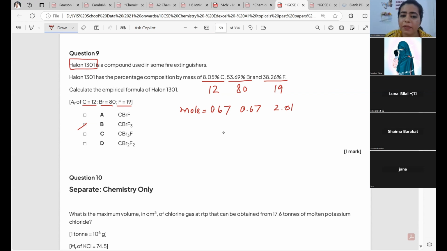Then the next step is we divide them by the smallest, all divided by 0.67. So 1, 1, and 3. It means 1 carbon, 1 bromine, 3 fluorines are there, and that is the B formula. Very good. Well done, girls.